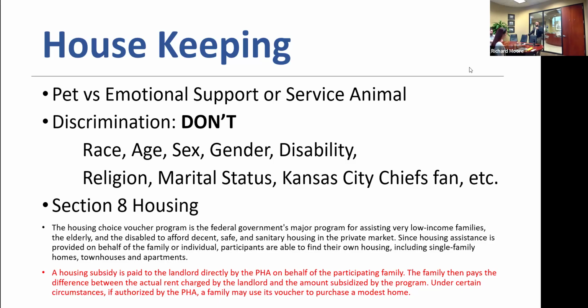And they might pay $3,000 out of the $4,000, or they might pay $3,800, and all the tenant has to pay is $200 a month. So for some landlords, this is like a guaranteed paycheck every month because the government's going to pay. So some of them will accept it, but you have to go through the process where they have to approve you to accept the Section 8 housing.